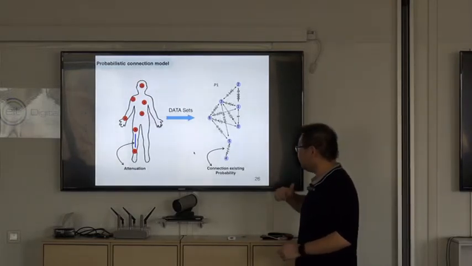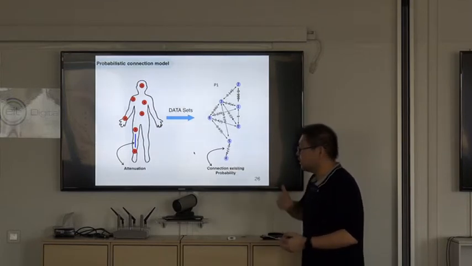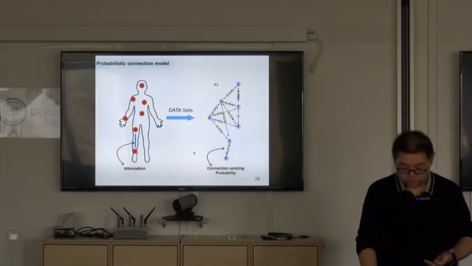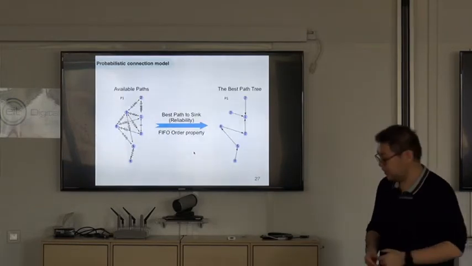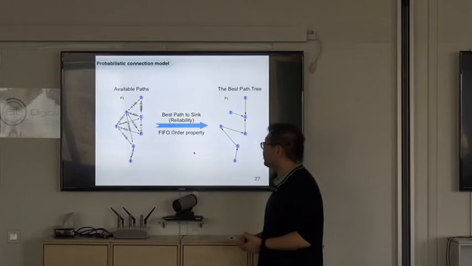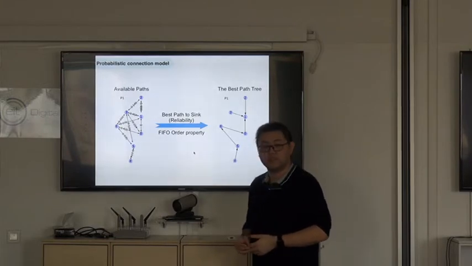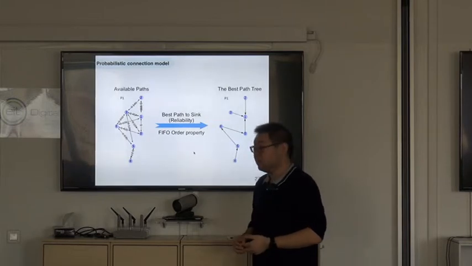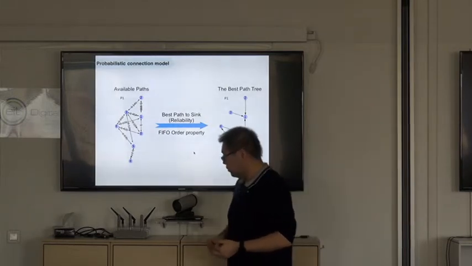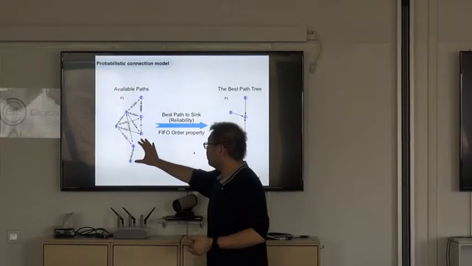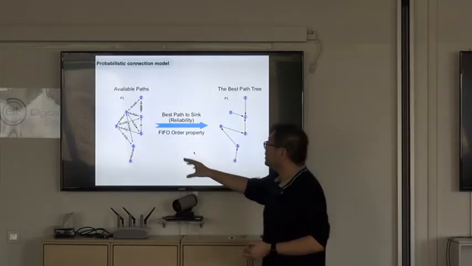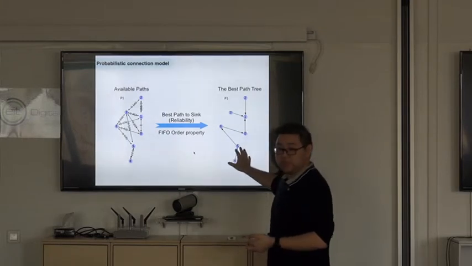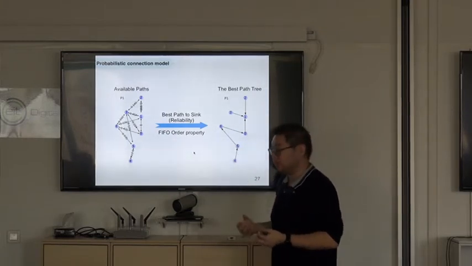Okay. So we have all the connection existing probabilities for every two nodes in 7 different human postures. Aiming at two questions, the first is reliability, and the second is the first-order property. We want to build directly from this probabilistic connection model a tree, a best path tree. Why do we want to build a tree?